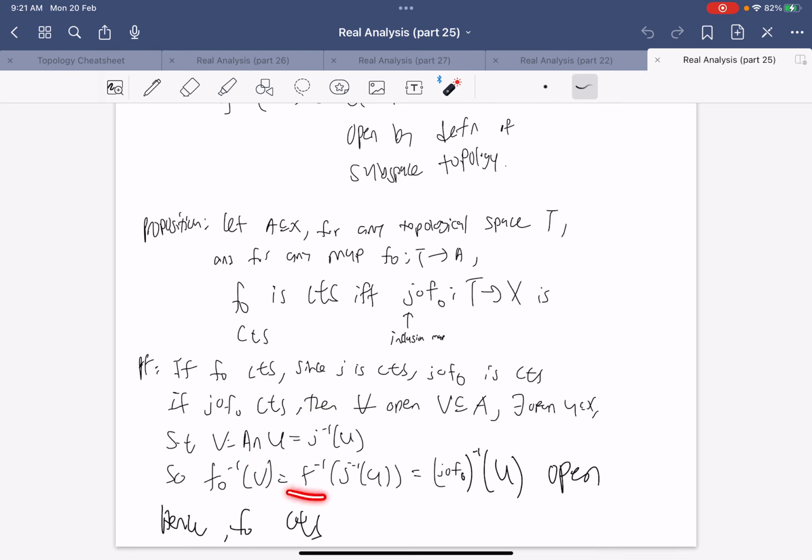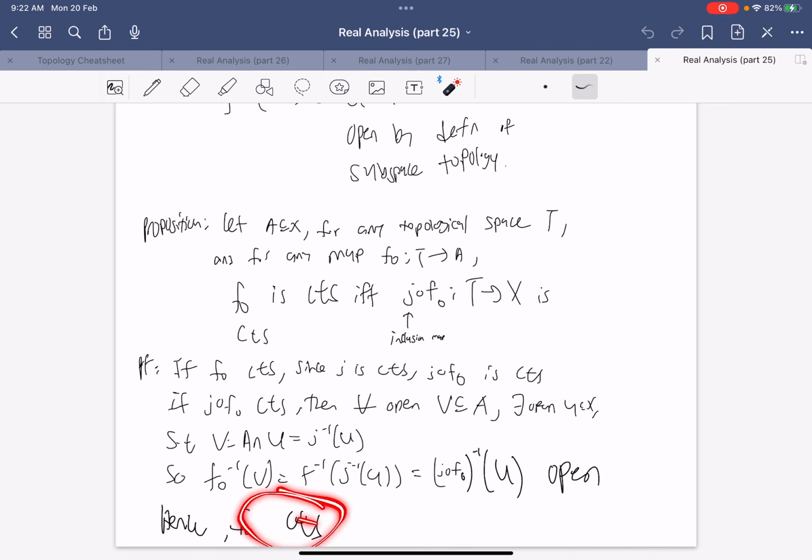And so the inverse image of f0 applied to A intersect U is the inverse image of f0 applied to the inverse image of j of U. And that's really saying that it's the inverse image of U under j composed with f0. And as a result, this will be open by continuity of j composed with f0.